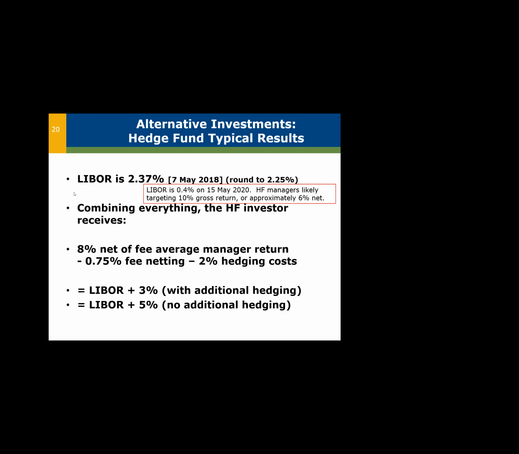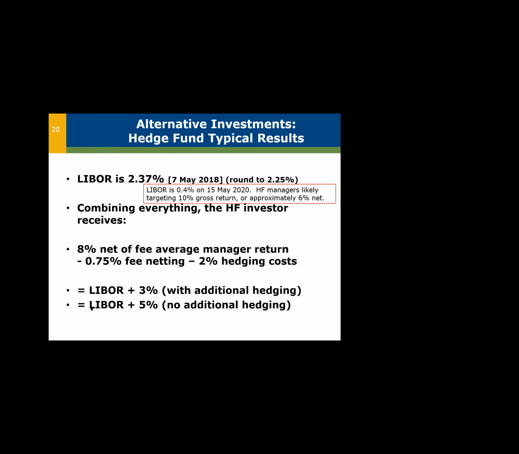So when I go through my example, I use the 2018 numbers, when LIBOR was 2.25%, or that's the risk-free rate. What this is showing is that, forget about putting on the extra hedging, the 2% hedging costs.